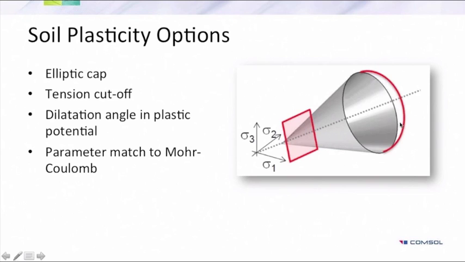And if you want to cut it in tension, you can also specify it with a certain relation. The dilatation angle allows you to orient your yield function in a certain direction, and we also have a parameter to match the Mohr-Coulomb equation.